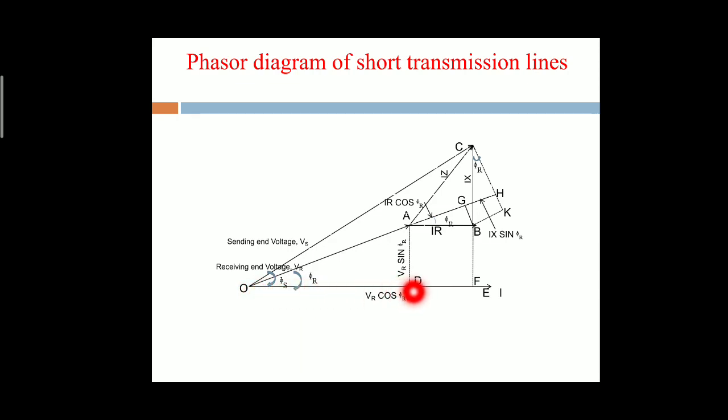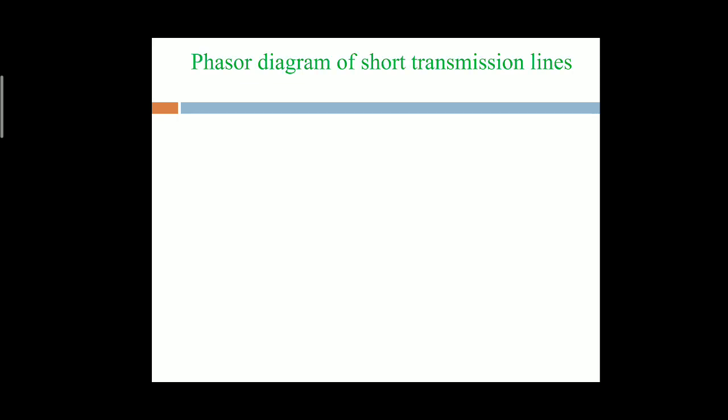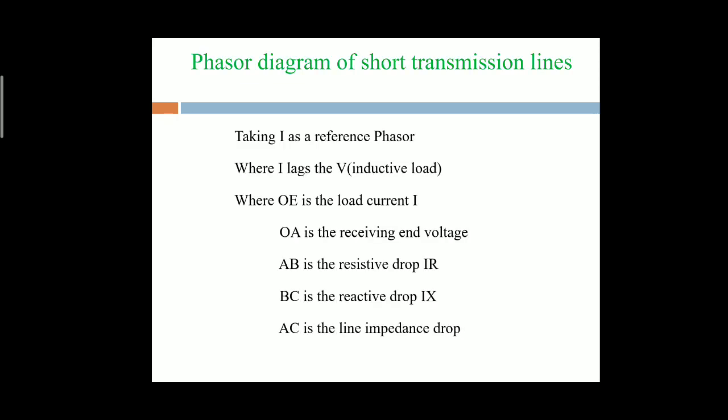OF is OD plus DF. What is the value of OD? VR cos phi r. Next, what is the value of DF? It is IR. Therefore, OF is VR cos phi r plus IR, by OC. OC is the sending end voltage, Vs.